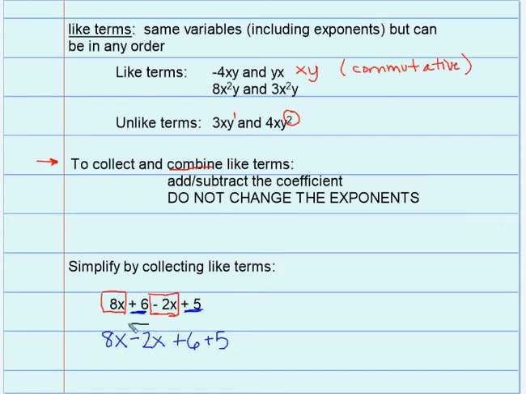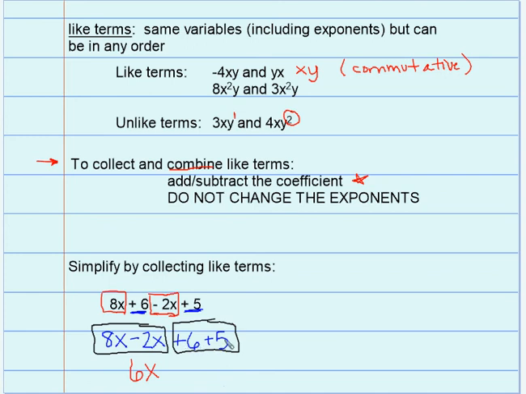Then you need to evaluate these separately, because those are the terms that you're going to combine. When you combine 8x minus 2x, remember that you add or subtract the coefficient only. So 8 minus 2 is 6, and the x is still there.